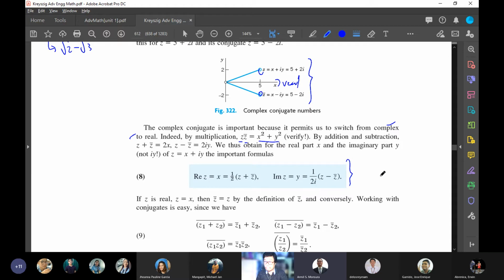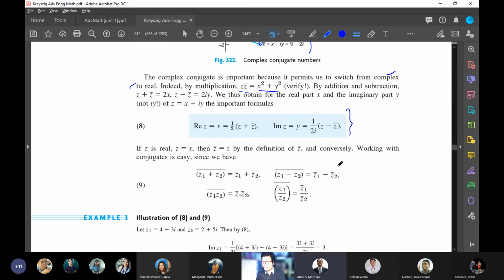So, these are some of the properties of your conjugate numbers. The conjugate of the sum of two complex numbers is equal to the sum of their conjugates, sorry.